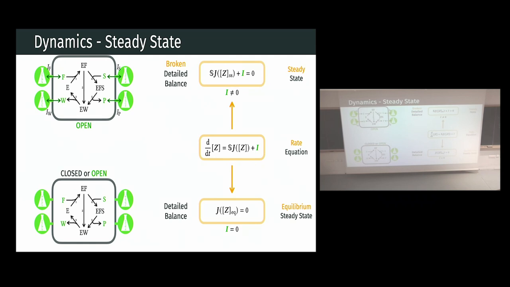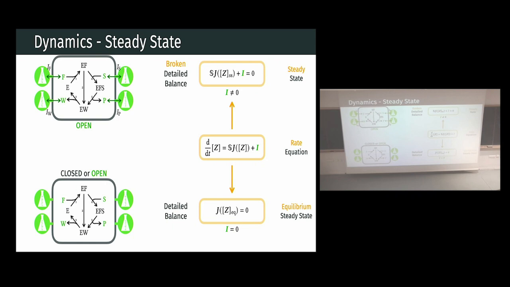The general expression for a steady state is this one: the term on the left-hand side of the equation, we set it equal to 0. The steady state condition is such that the variation to the concentrations due to the reactions is always exactly balanced by the exchanges with the environment. And if we have exchanges, we say that the system has a broken detailed balance condition.